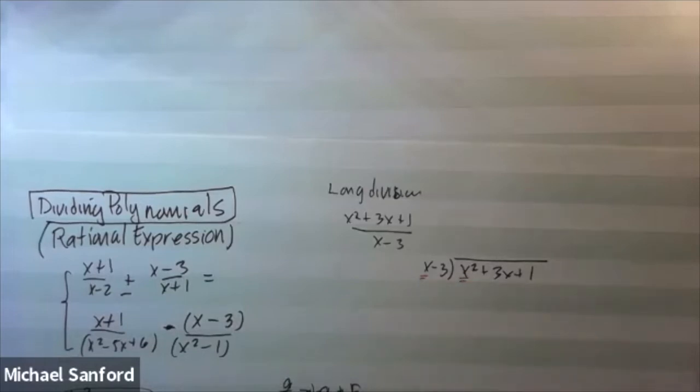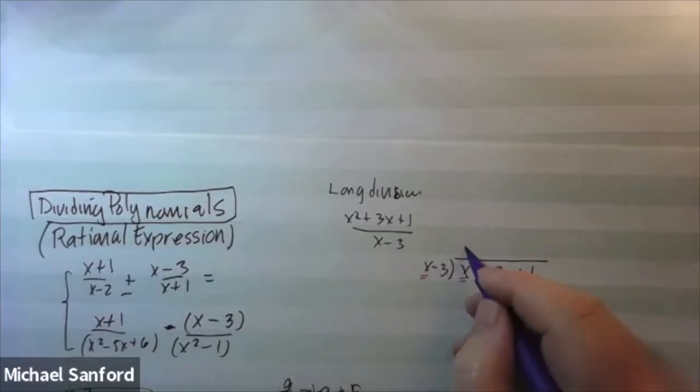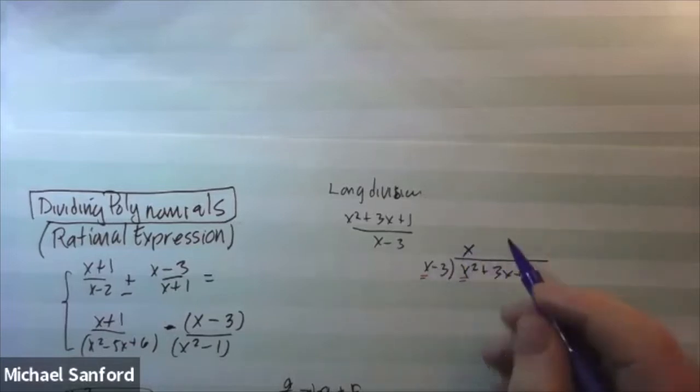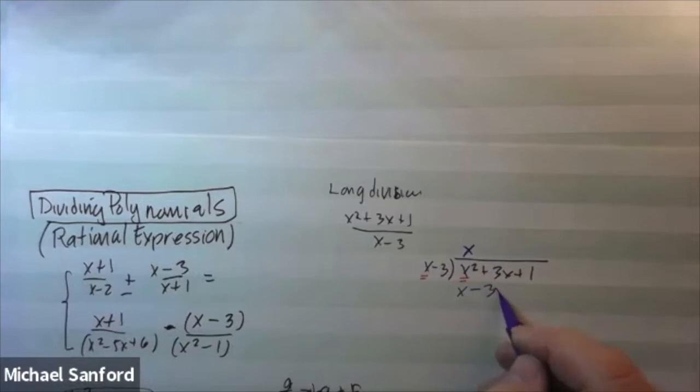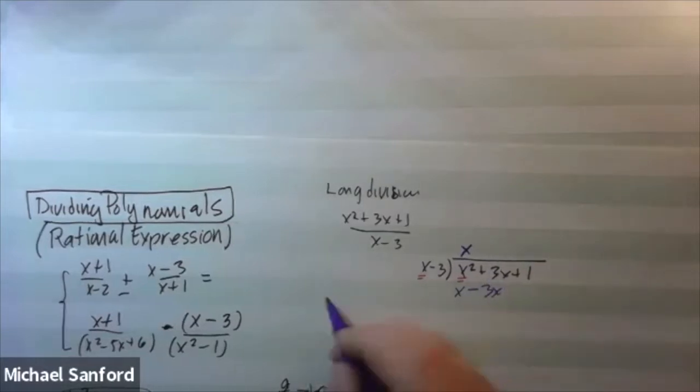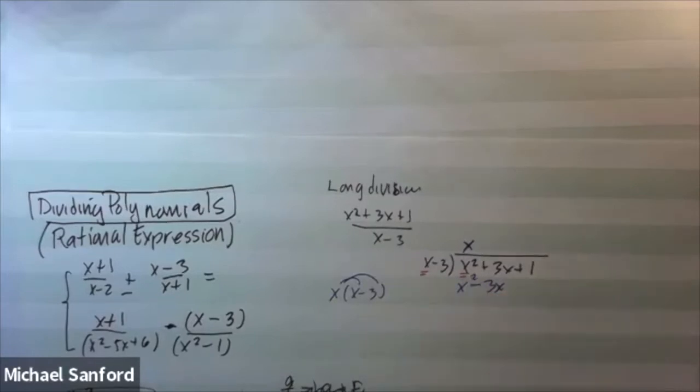I multiply by x. So x times x is x squared, and x times -3 is -3x. This comes from multiplying x times x minus 3, the distributive property. Oops, I forgot the squared.